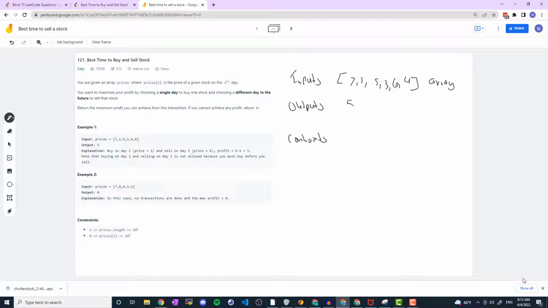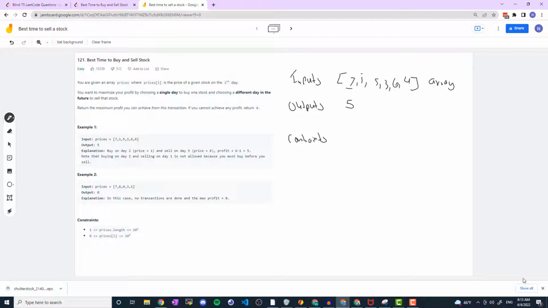Now, if we go to a store and we buy an item, let's say that we buy today an item for $7 here. But then tomorrow, I can sell it for only $1. Now, that's not a good investment, is it? Because I'll be effectively losing $6.